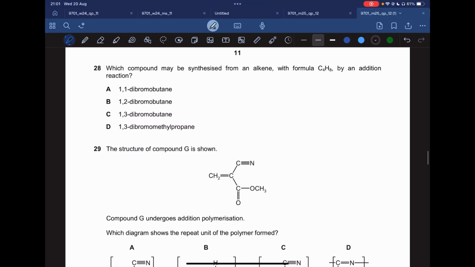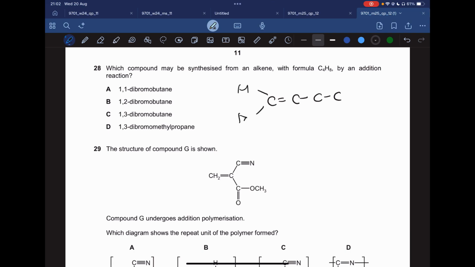What compound cannot be synthesised from an alkene with an addition reaction? Something important to take note of here is that they cannot form on the same carbon. Let's say we have butene.